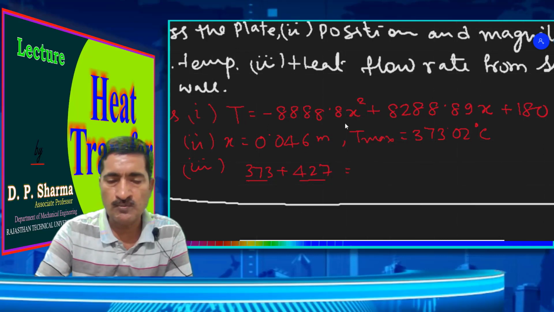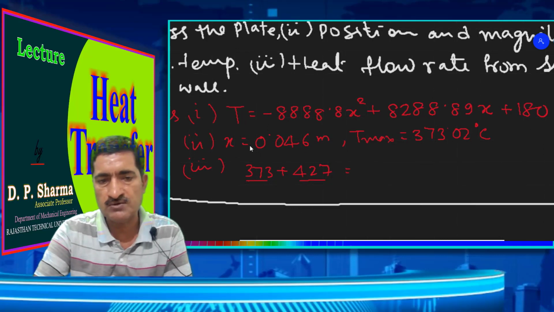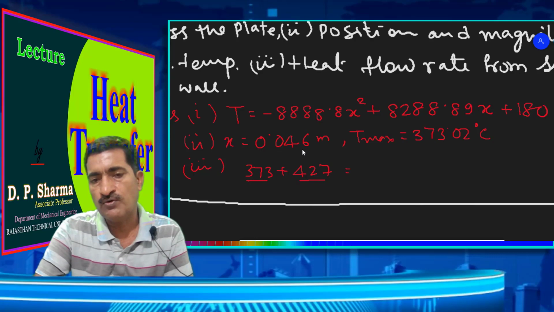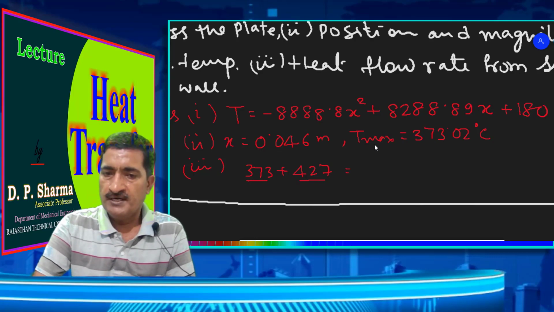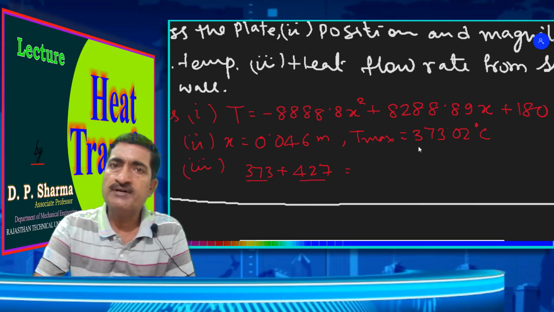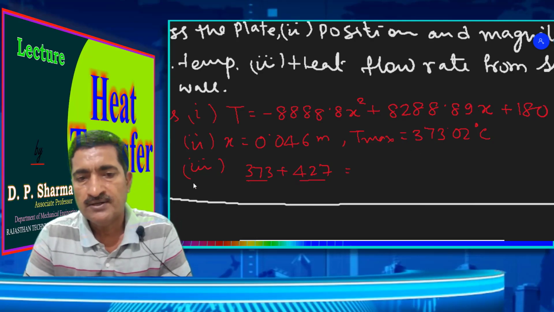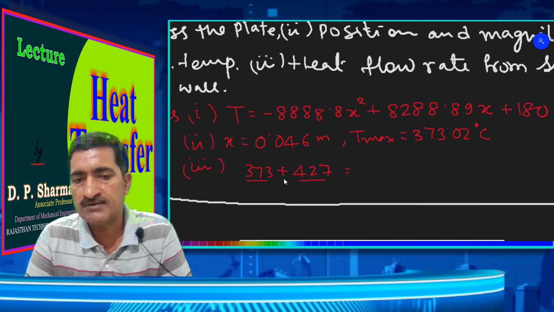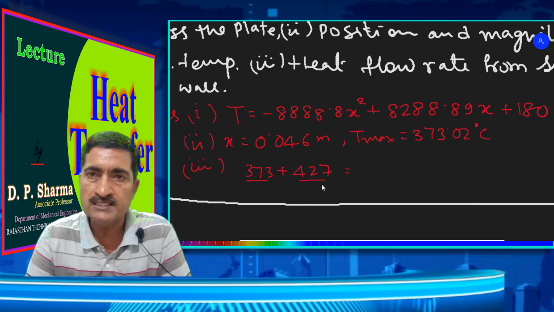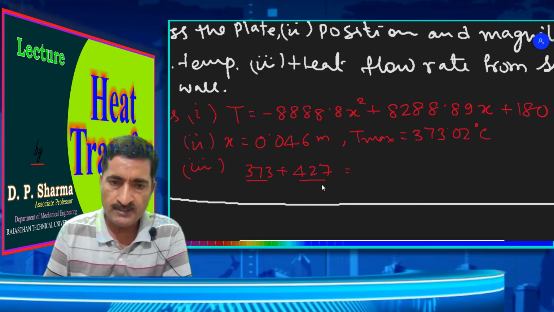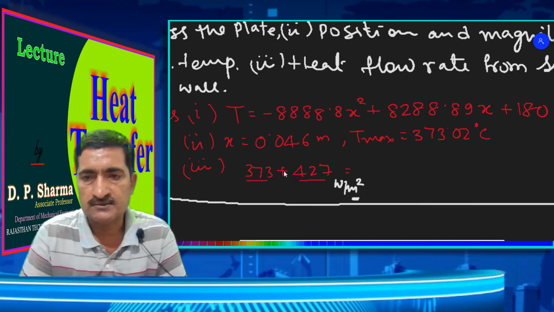T equal to this value, x equal to 0.04 meter, and T maximum 373.02 degrees centigrade, and heat transfer from one side 373 and from the other side 427 watt per meter square. This is the answer. Okay.